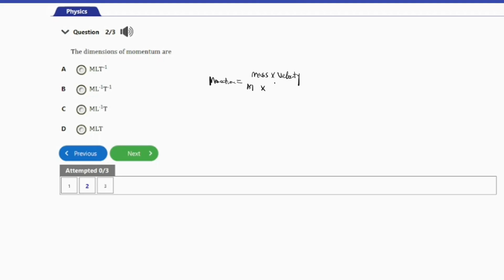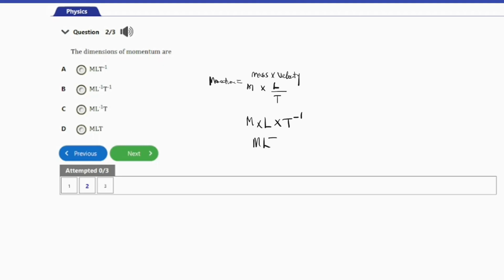So go ahead and write L, which is length, since distance is measured in length, over time, which is T, since time has no formula and time is dimensioned as T. So with this, if we multiply this out together, we're going to have m for mass times L for length times t to the power of -1, since t is on the denominator.